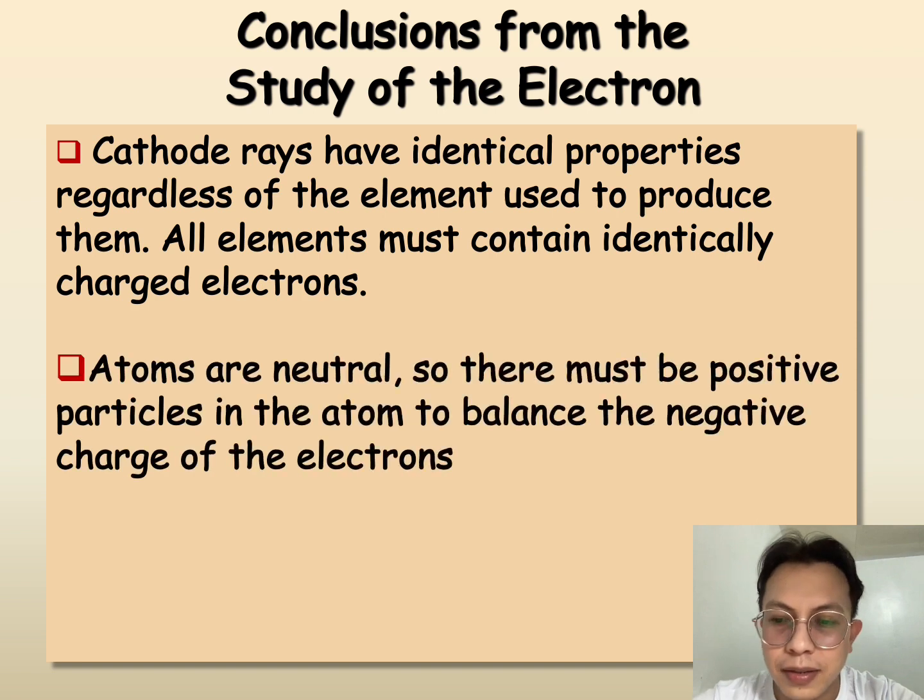In that experiment, the scientist concluded that cathode rays have identical properties regardless of the element used to produce them, and all elements must contain identically charged particles. And since atoms are neutral, there must be positive particles in the atom to balance the negative charge of the electron. So these are the conclusions after that experiment.